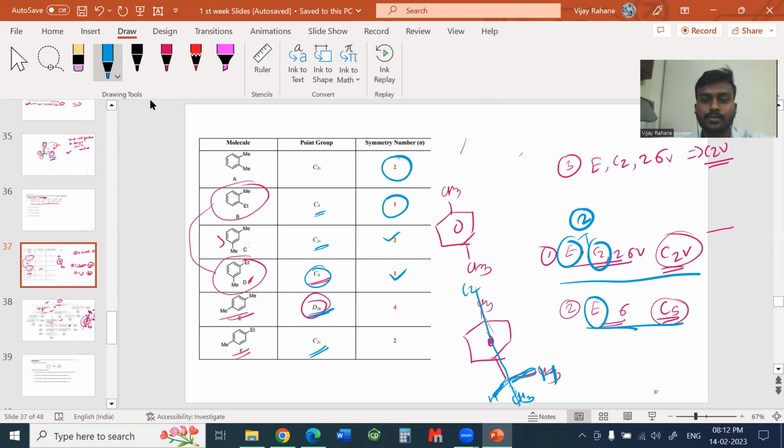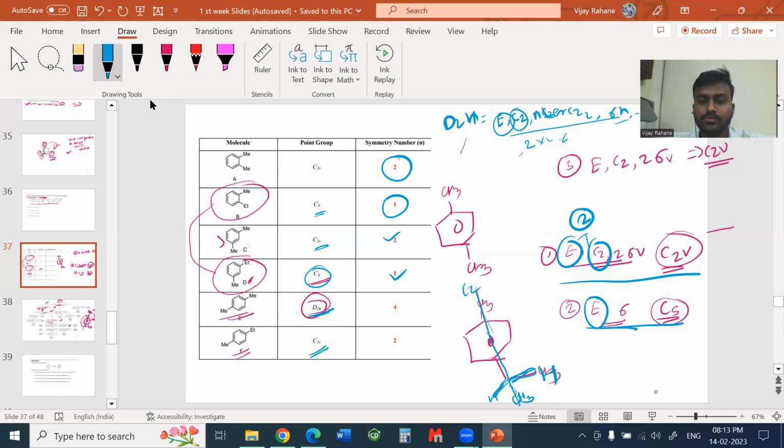D2h? D2h point group means it has the identity, n C2s which are n perpendicular C2s, right? As well as the sigma h. So these are the point symmetry elements that are possible. The C2 is 2 and n C2s. N is equal to 2.